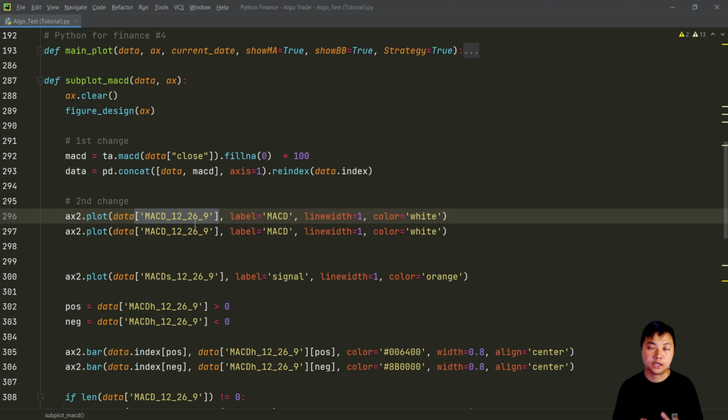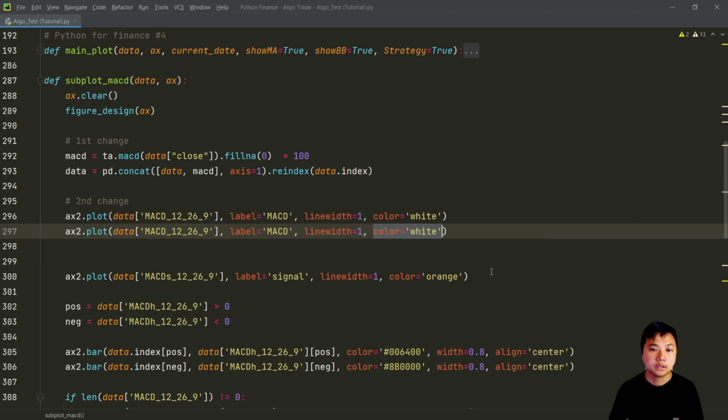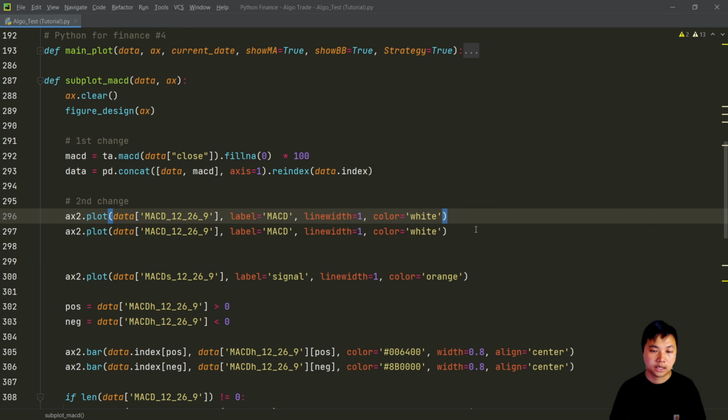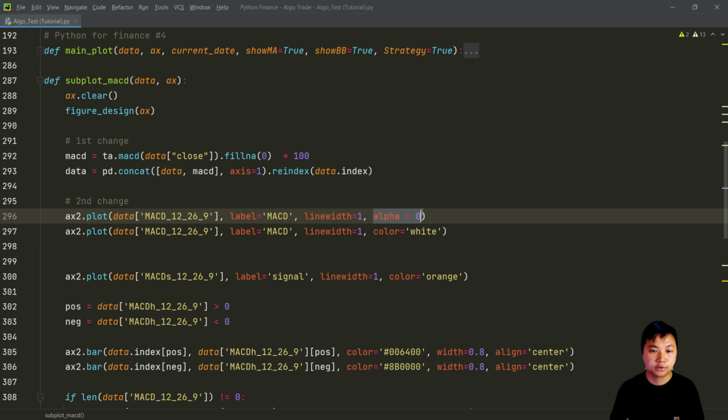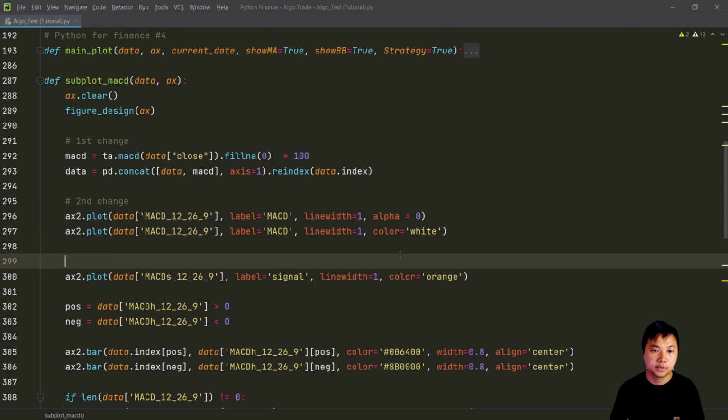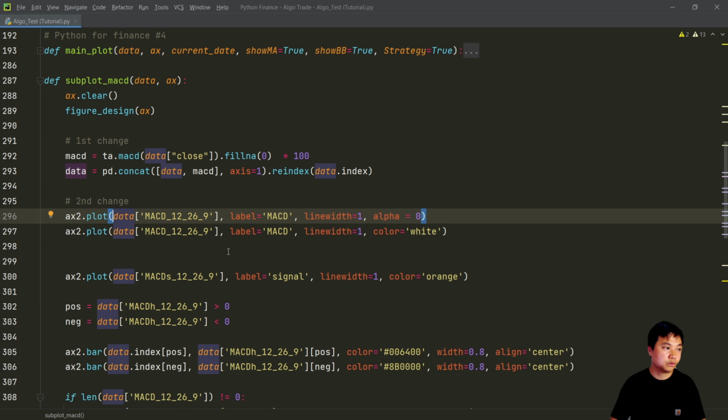I will make this a transparent line. On the other hand, where there's a value that is non-zero, it will continue with the color white. If the value is equal to 0, I will set this as alpha 0, and that means the line is transparent. In that case, I will add a numpy where to check these conditions.